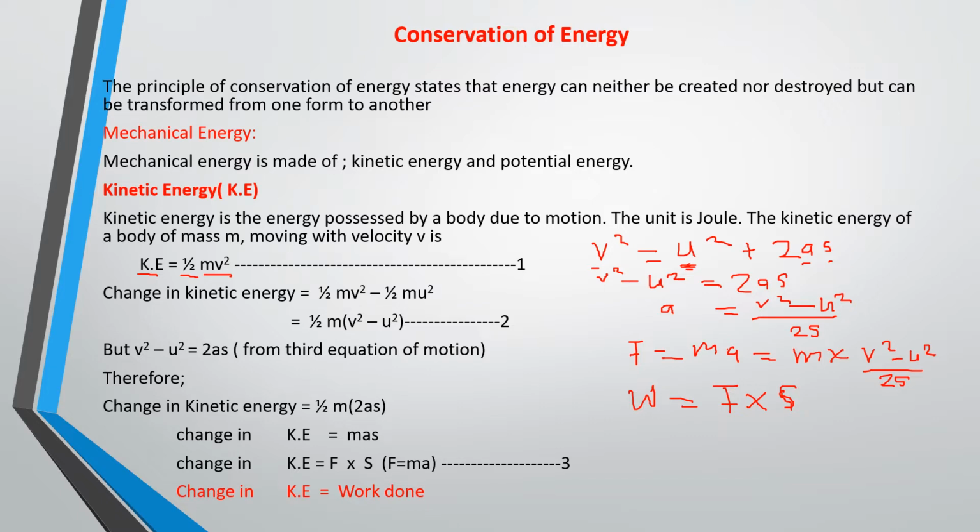So if you substitute for force into this equation, work done will be equal to m times v squared minus u squared all over 2s, multiplied by s.